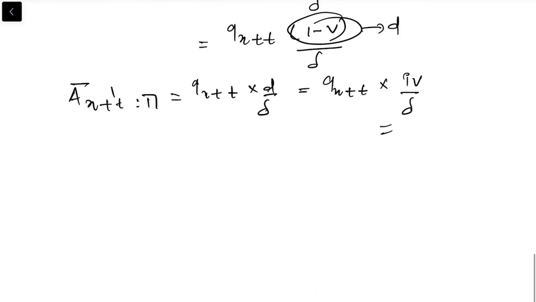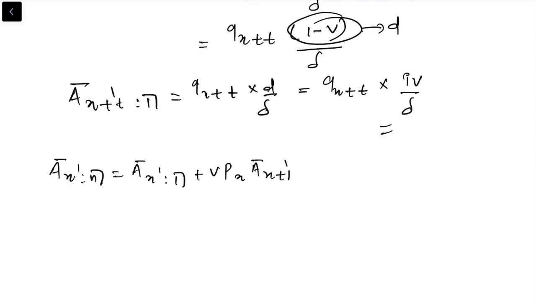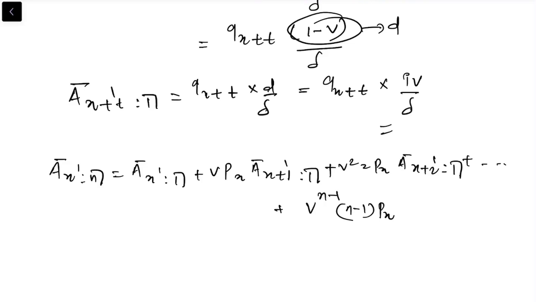So we have ā_x:n = ā¹_x:1 + v p_x ā¹_{x+1:1} + v² ₂p_x ā¹_{x+2:1}, and so on up to vⁿ⁻¹ ₙ₋₁p_x ā¹_{x+n-1:1}, right?